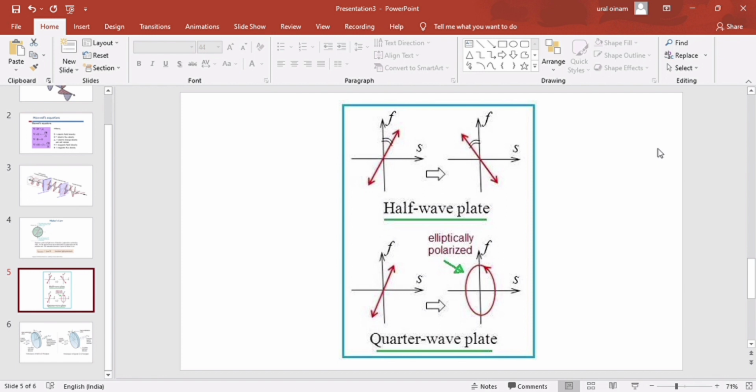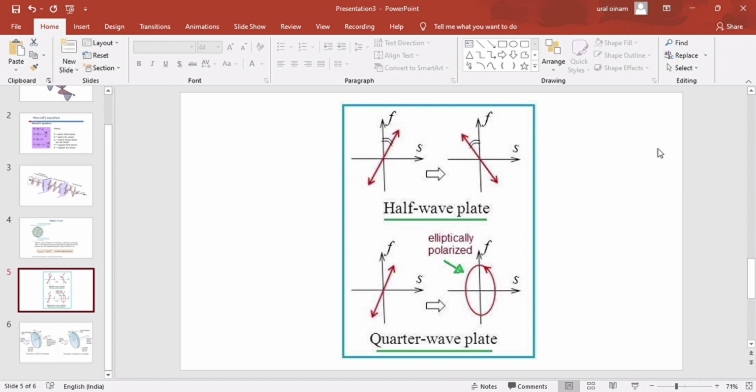So after it passes through the half wave plate, the right circularly polarized light will turn into left circularly polarized light. And we will discuss what we mean by left circularly polarized and right circularly polarized, so let's have this concept.